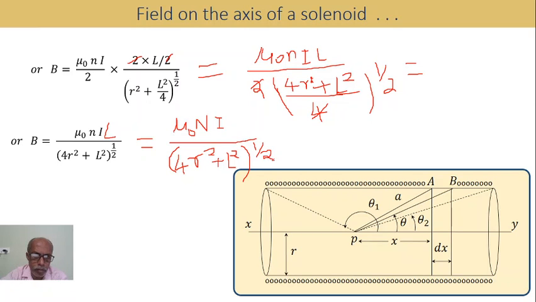This is the expression for the magnetic field at the center of a solenoid of length L.